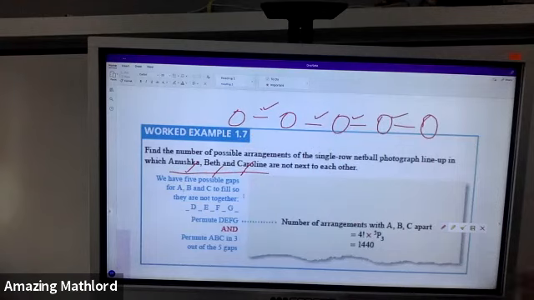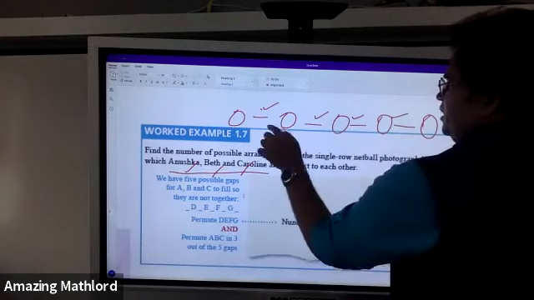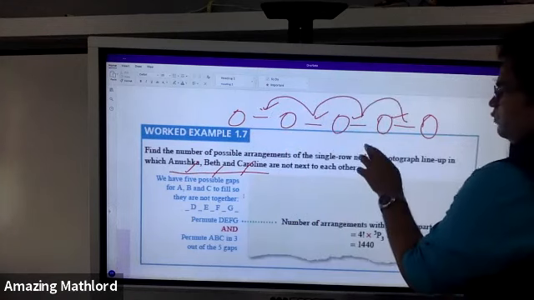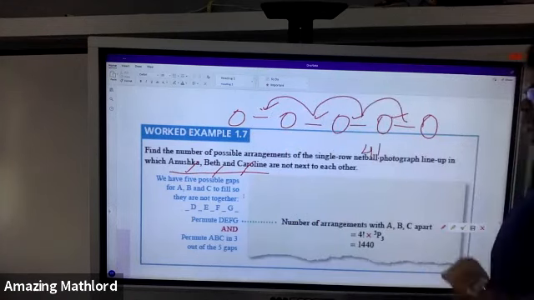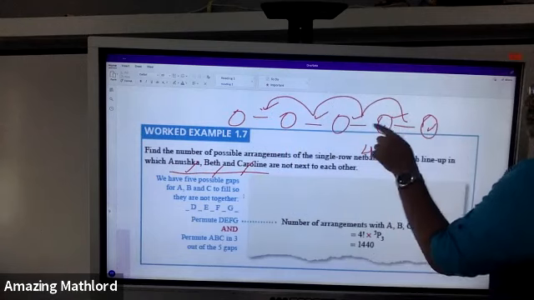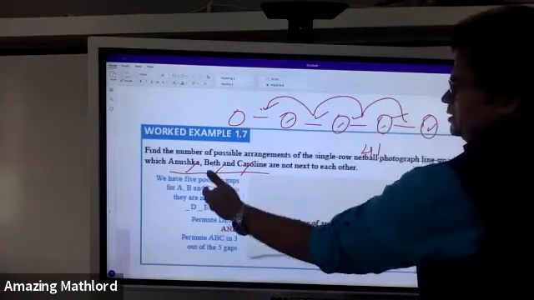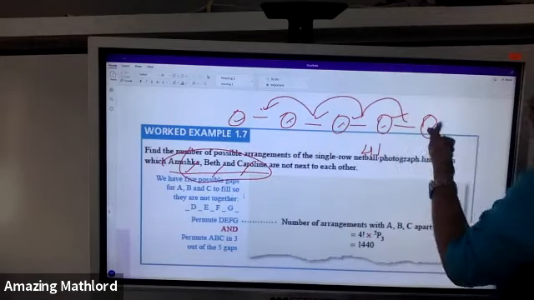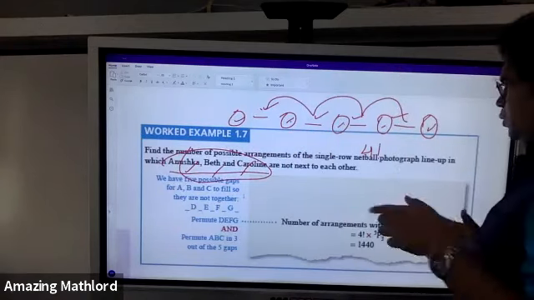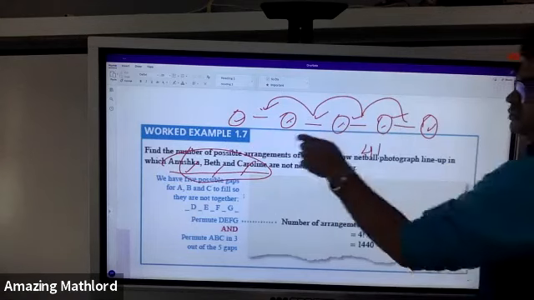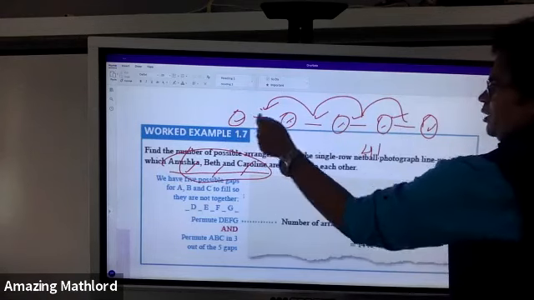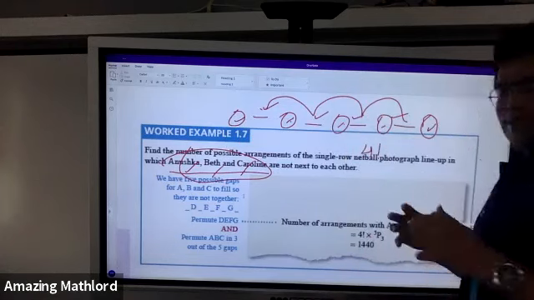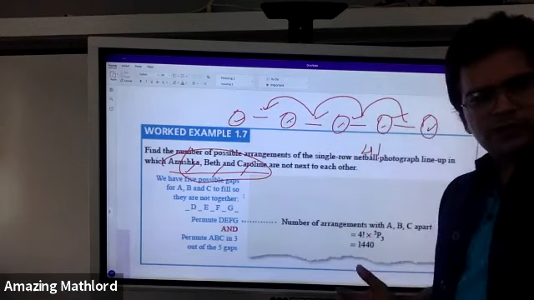So remember that. Firstly, these four people can be shuffled among themselves in 4 factorial ways. And not necessarily do all these places have to be occupied. These three people can stand here, here, or here, and these 2 places can be empty. So out of the 5 places, we have to place 3 people in an order.